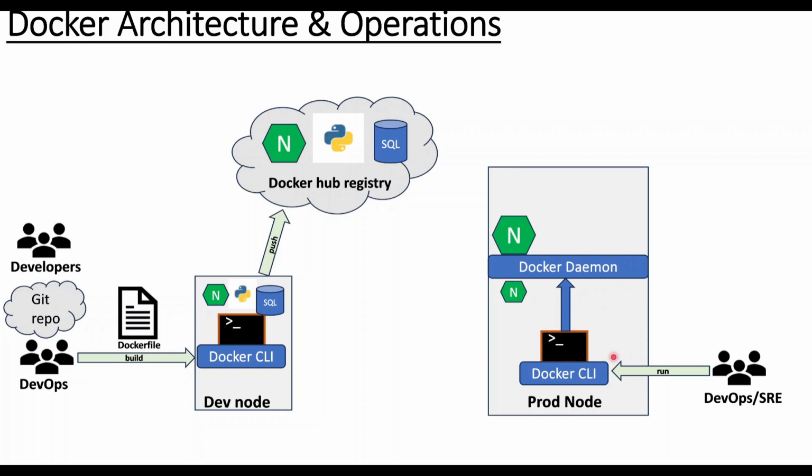Now the next scenario is DevOps and SREs performing Docker run operations for, let's say, Python and SQL images. Just because these images are not locally stored, the Docker daemon is going to invoke the Docker pull operation on behalf of the Docker run operation executed by the DevOps or SRE team. This Docker pull operation is going to pull the images from the Docker Hub registry to the local system and then run them as containers.